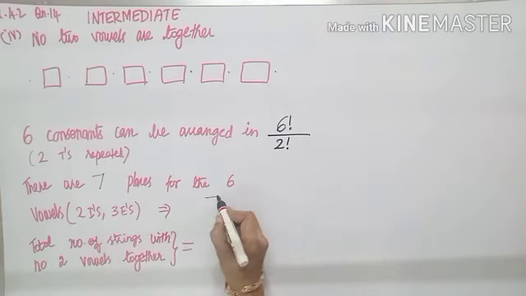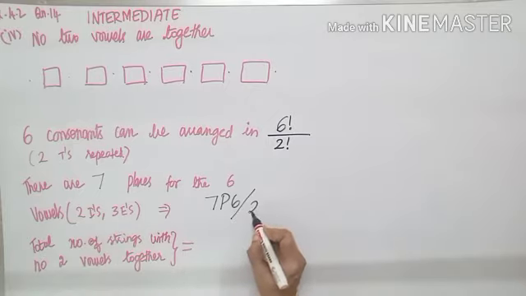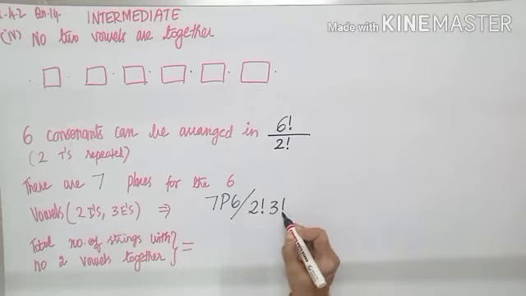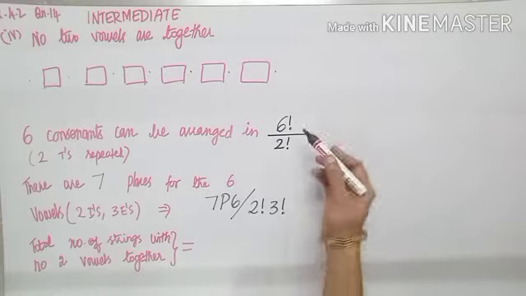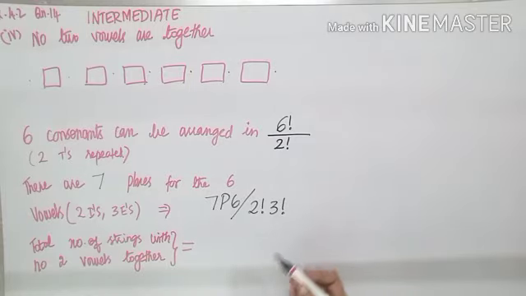So I can arrange in 7P6. But 2 i's and 3 e's are there. So divide by 2 factorial and 3 factorial. Now the total number of strings with no 2 vowels together, multiply. This is consonant arrangement and this is vowel arrangement.